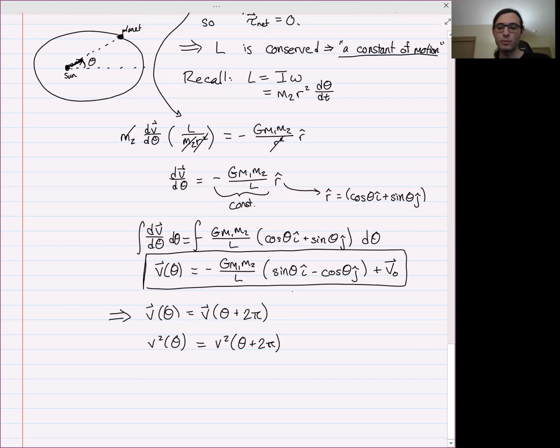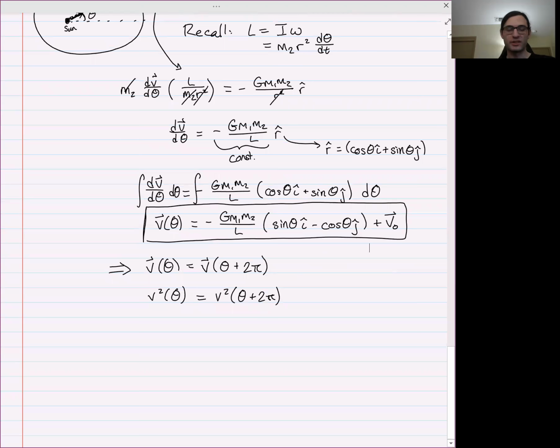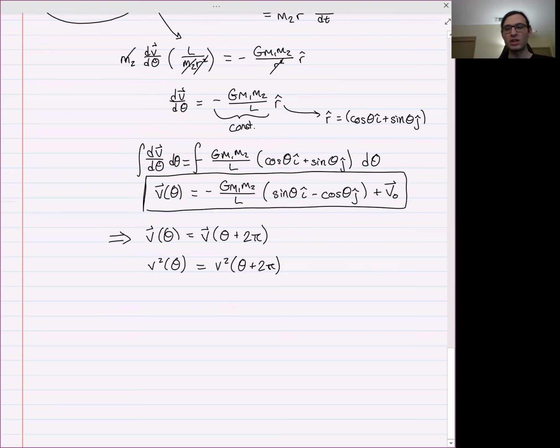You could, in principle, integrate this, but then you would have a constant that you don't know how to handle, and that would be a constant times theta, and that would not repeat itself, right? A constant like theta would go to theta plus 2 pi if you added 2 pi to theta, right? So that's not enough.